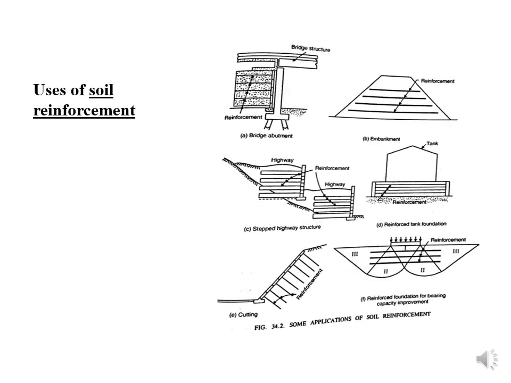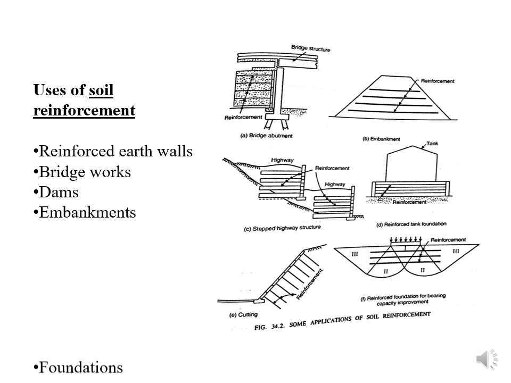You can see here uses of soil reinforcement. Various uses are there. Reinforced earth walls, which may be retaining walls, bridge works, dams, embankments, foundations. You can see in the figures here shallow foundation also, right?